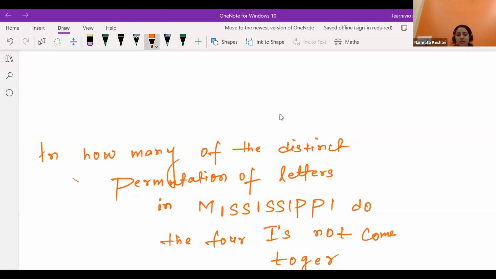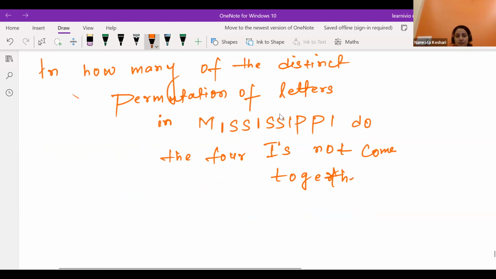Okay, it says that in how many of the distinct permutation of the letter this, do the four I not come together?